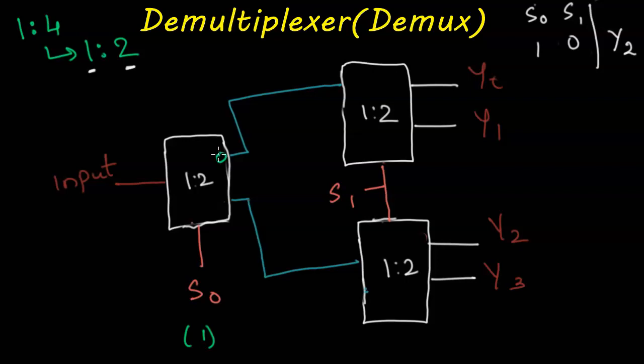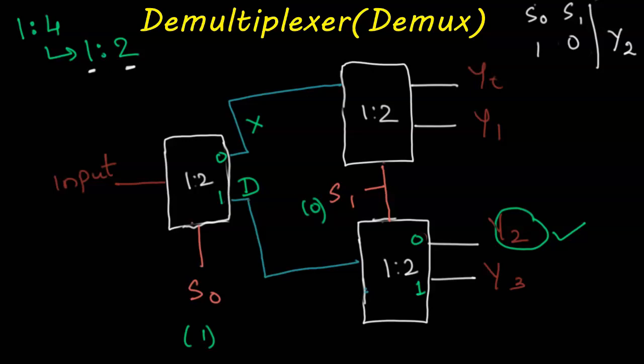So my input gets projected at this output, and nothing at the other. Now my select line for S1 is 0, and hence D gets projected at Y2. And there we have it.